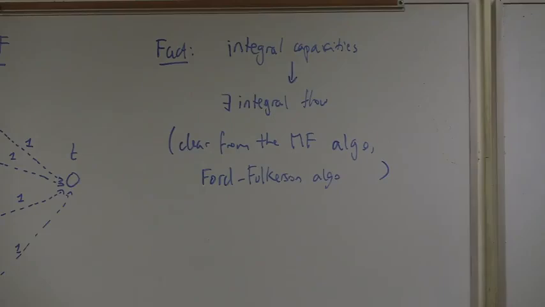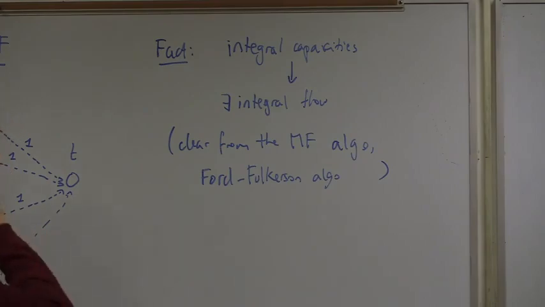Each of these paths in the residual network would consist of integral units of flow. So you start with an empty flow, you add a path from the residual network, another path from the residual network. Each time you keep adding integral paths, or rather, paths with integral flows, and at the end you end up with a max flow that is integral.